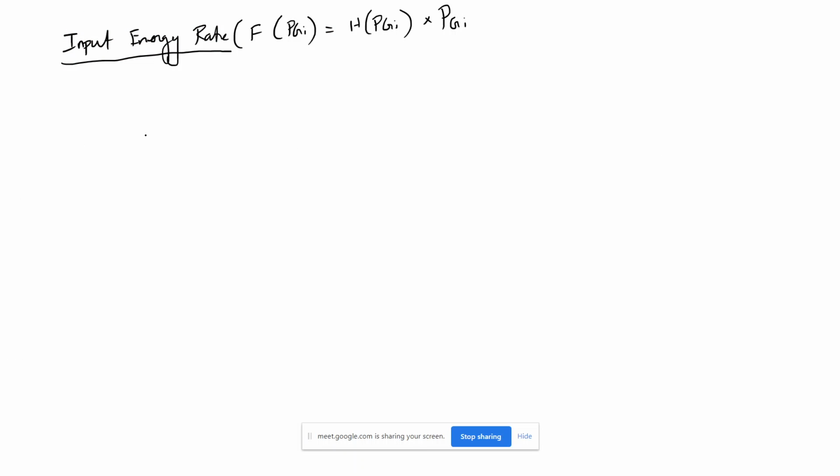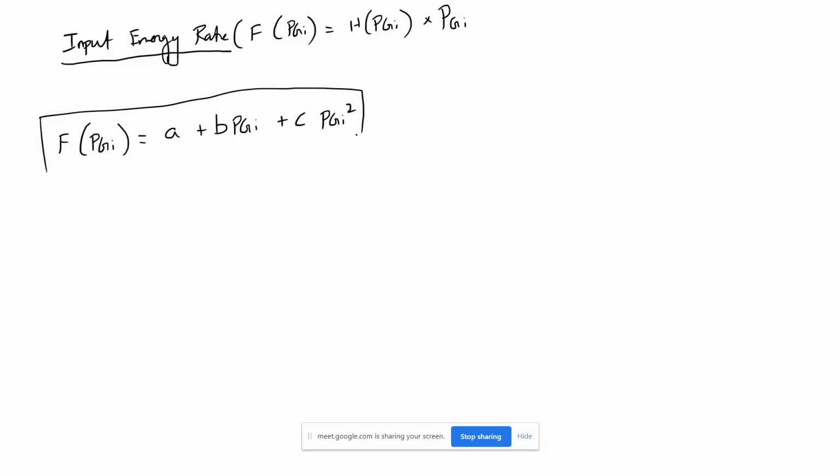So I can write this input energy rate F of PGI as A plus B PGI plus C PGI square. How did we get this?